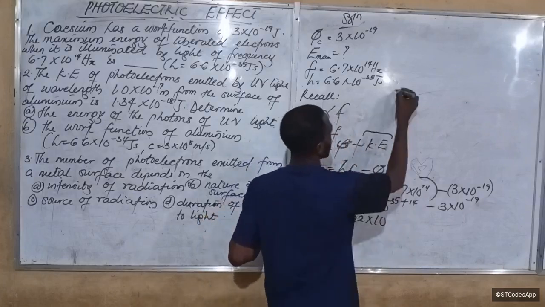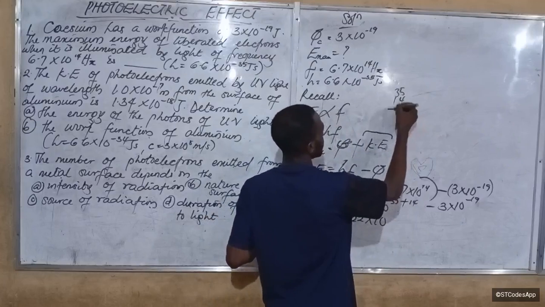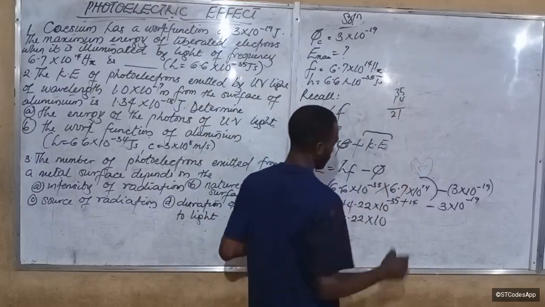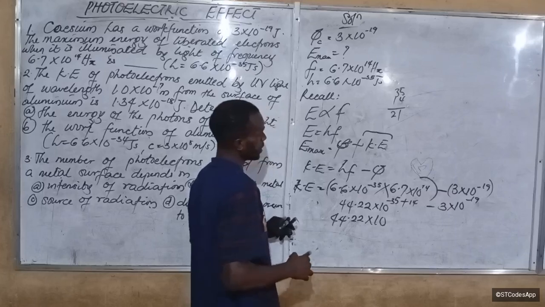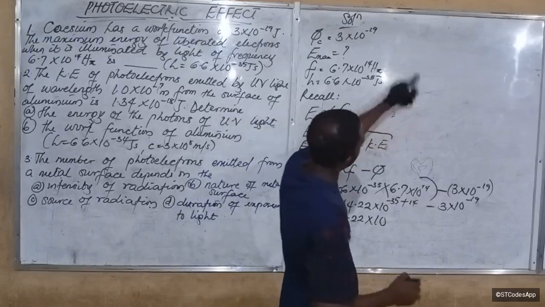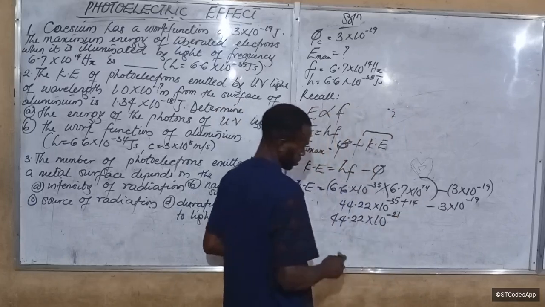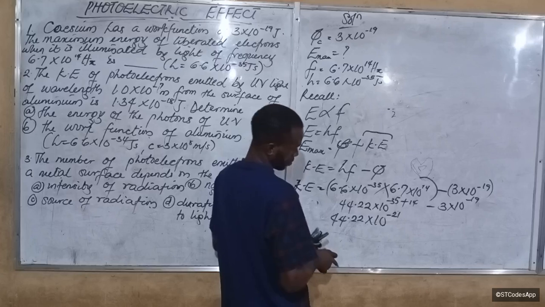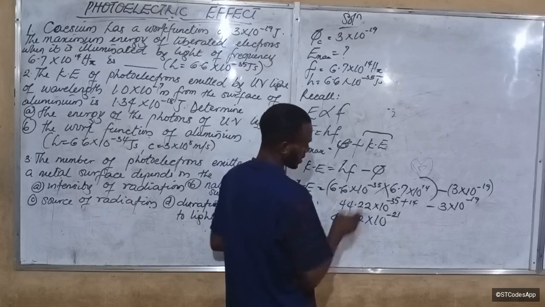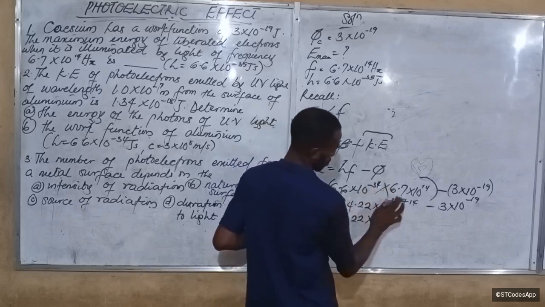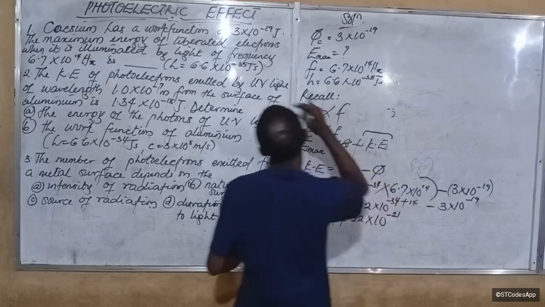This minus this, 35 and 14, that is minus 21. So I'm guessing this is supposed to be 34, because that's a constant. It's supposed to be 34.